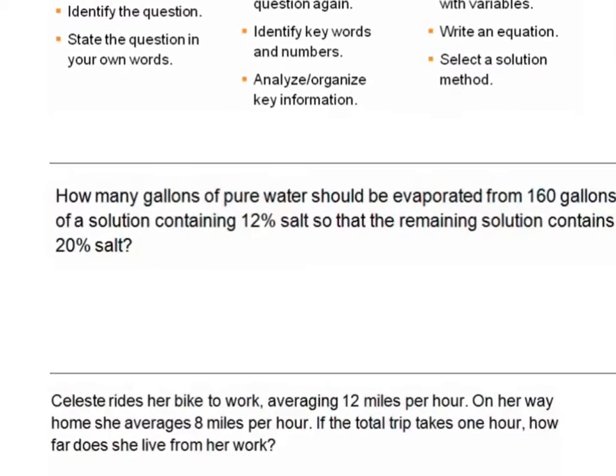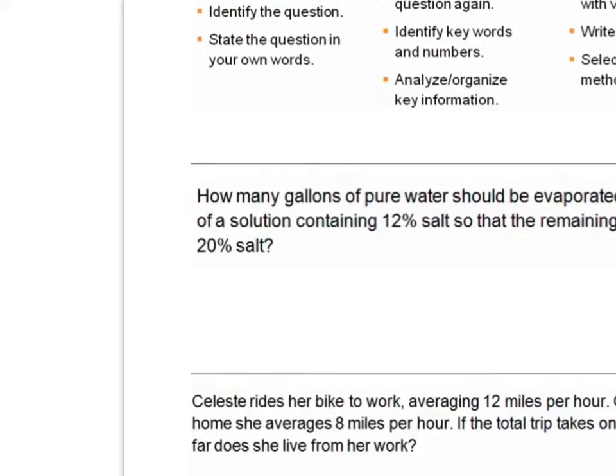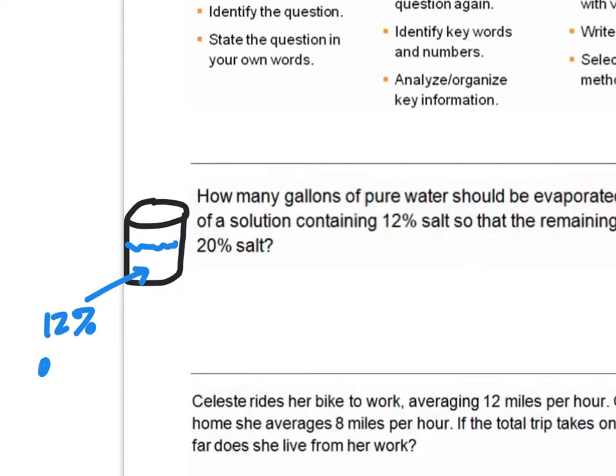So hold on, let's think about something here. I'm going to draw a quick little picture. I'm going to draw a cylinder. And here's water. Currently, there is 12% of salt. Now, if you leave water in a bucket, what's going to happen to that water?